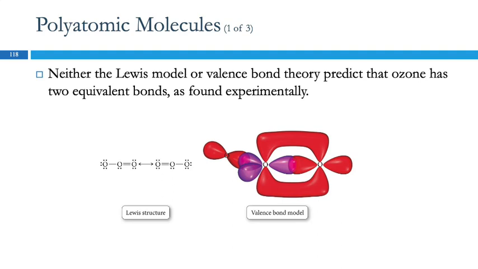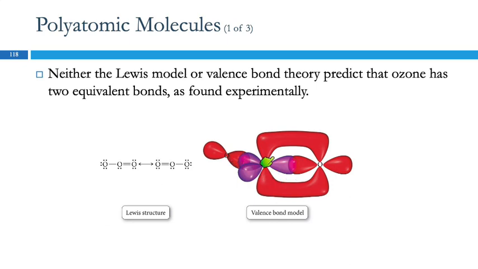If we look at ozone, this would be the Lewis structure, and we've said there's resonance, right? That second bond there, that second pair of electrons, is actually not flipping back and forth. It's actually shared across all of that. But Lewis theory has no way to show that.